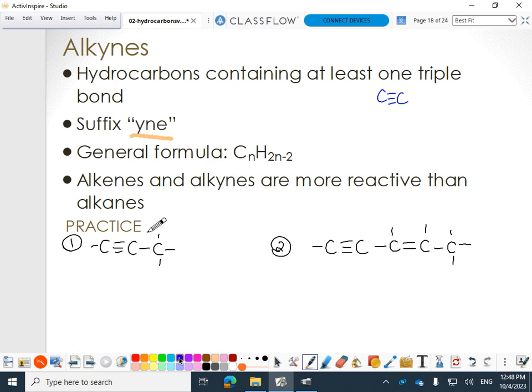And again, alkenes and alkynes are more reactive because you can change the double and triple bonds into single bonds.